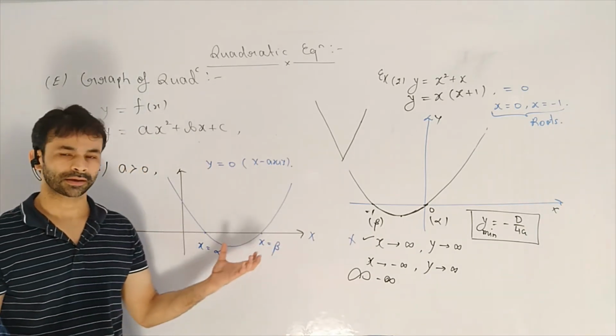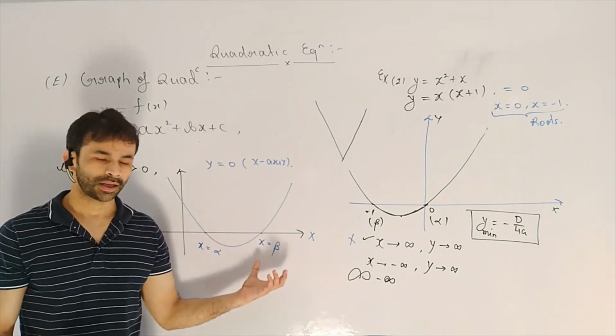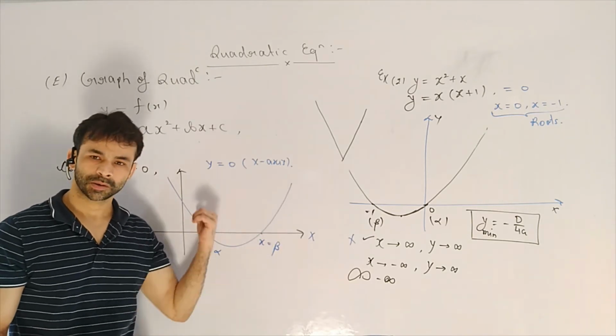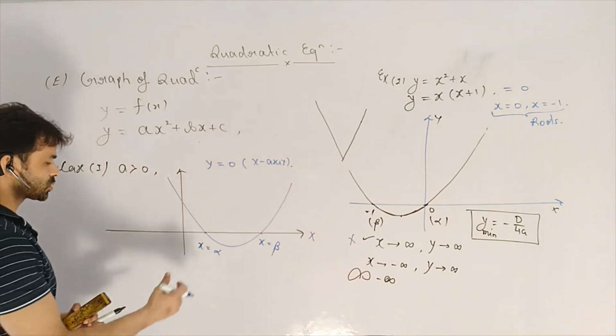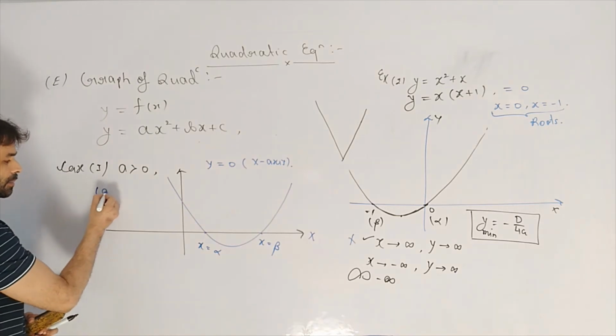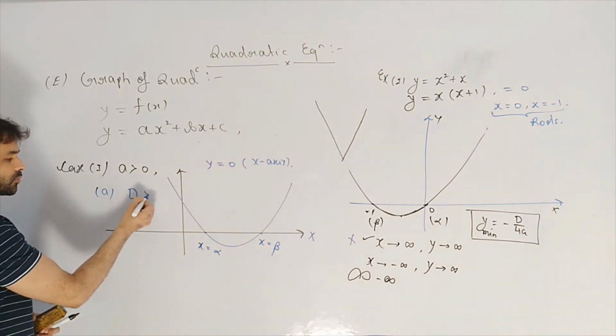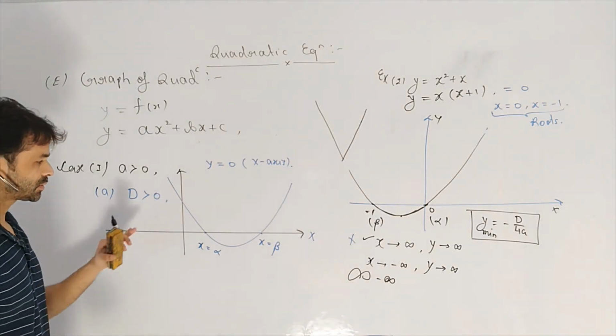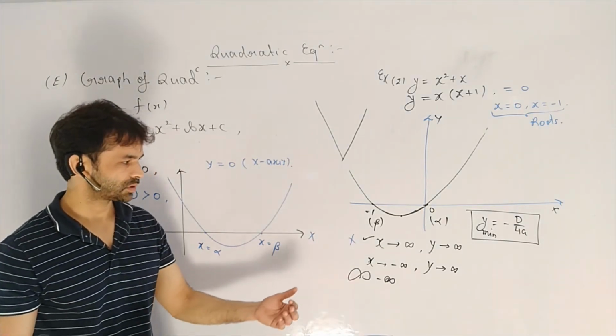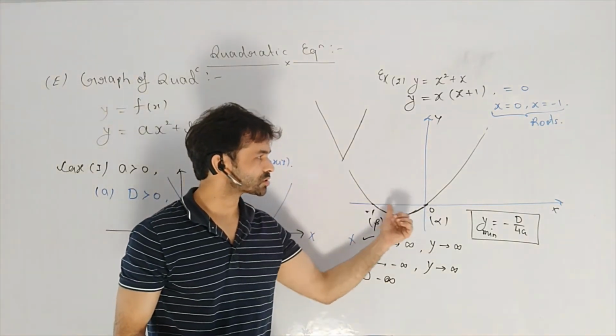If there are two roots, what is the case? Discriminant is positive. As you know, these were the two roots.